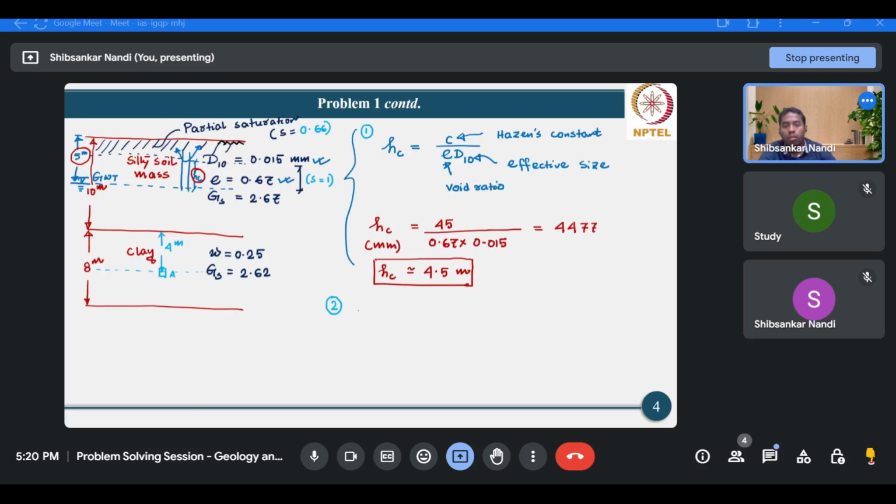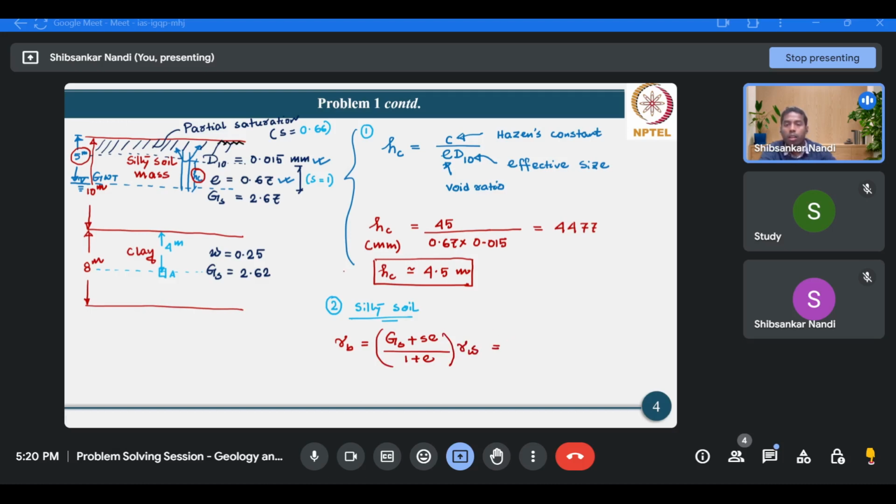So for silty soil mass, the bulk unit weight, so gamma bulk, it would be (Gs plus Se) divided by (1 plus e) multiplied by gamma w. So this expression we have got from the basic three-phase relationship.